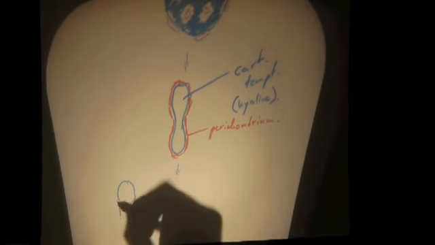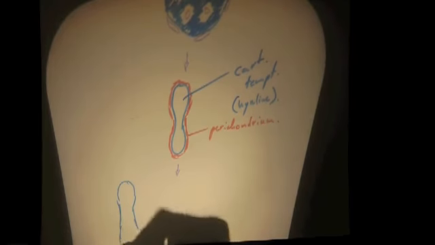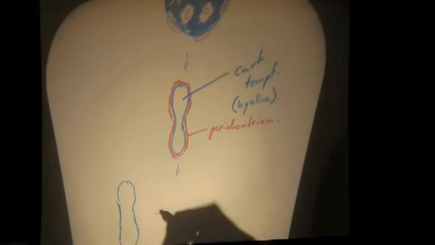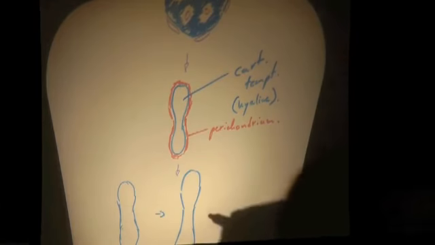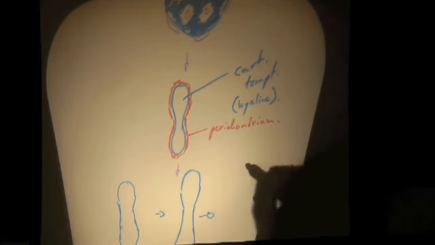Now, over time, this template is going to grow to become longer and thicker. So let's make it bigger. And look more and more like the bone is supposed to form eventually.